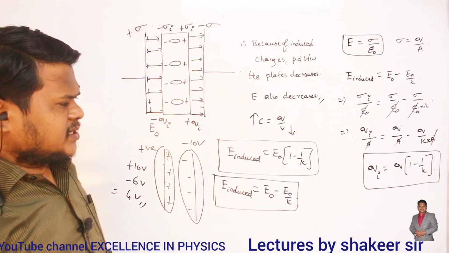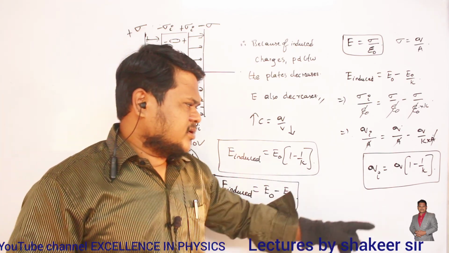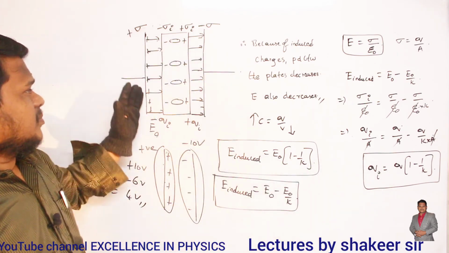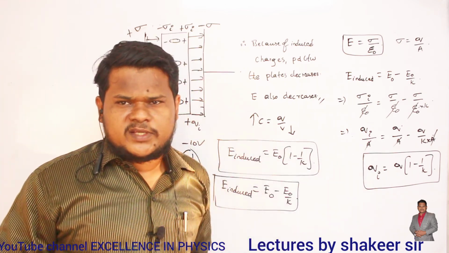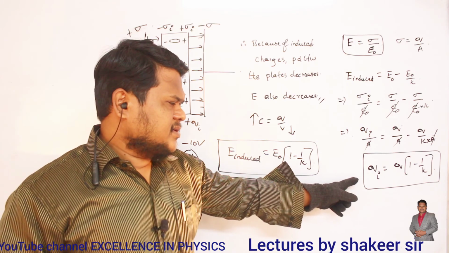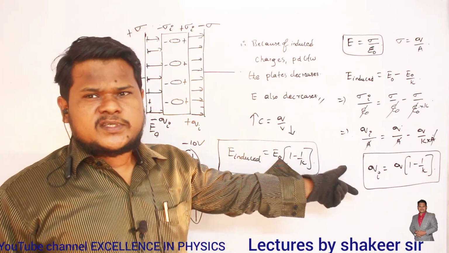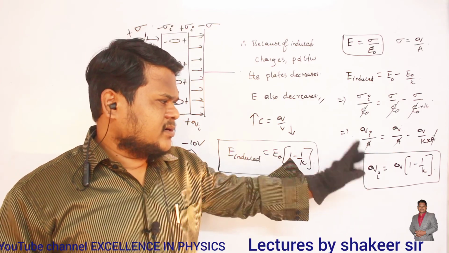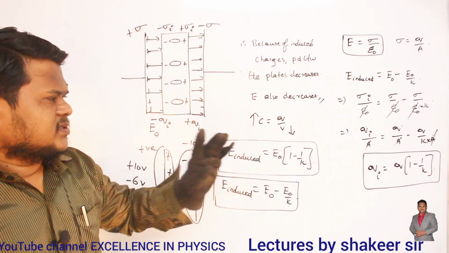From this relation, you can calculate the relation between the total charge present on the plates of the capacitor and the charge induced on the sides of the insulator. So Qi is equal to Q into 1 minus 1 by K. Directly, questions can be asked on this, then you can use this relation and do the calculation. That's all.